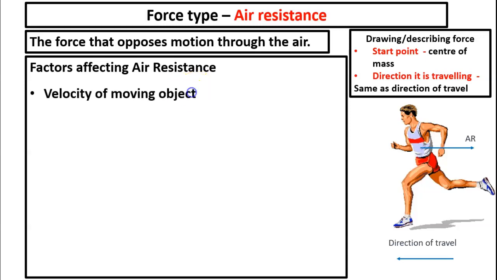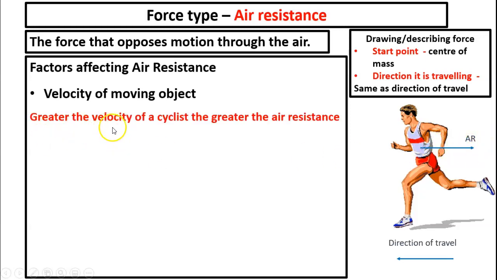Sometimes it just happens. So one of the factors that affects our air resistance is the velocity of the moving object. So the faster this person is running this way, the more the air resistance going back this way that opposes the motion through the air. The faster a cyclist is going, the bigger the air resistance will be going backwards, because it opposes the motion through the air.